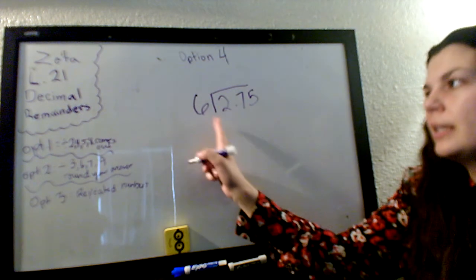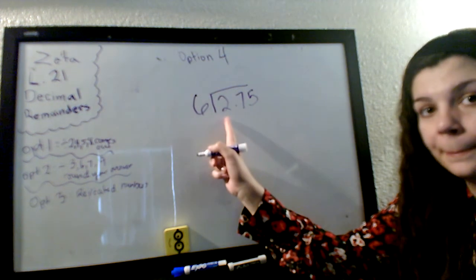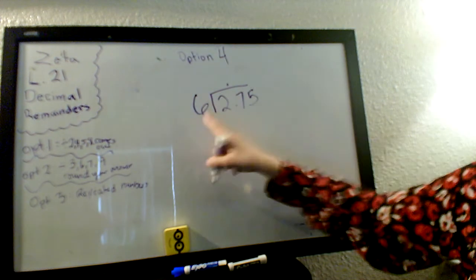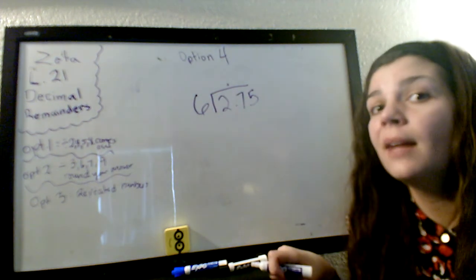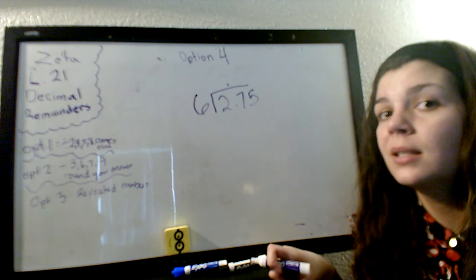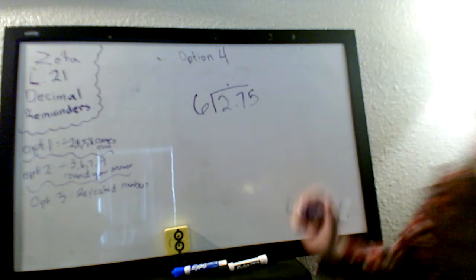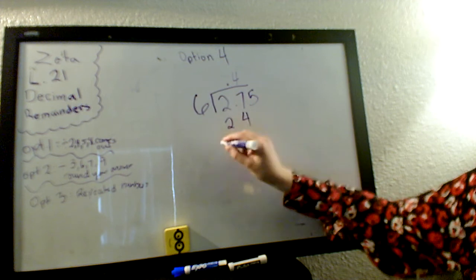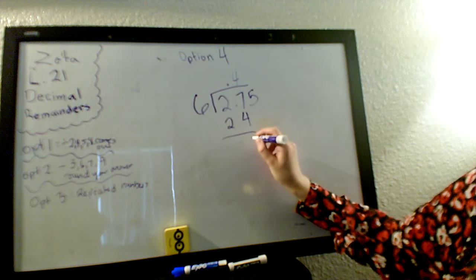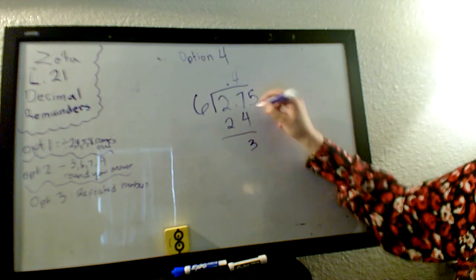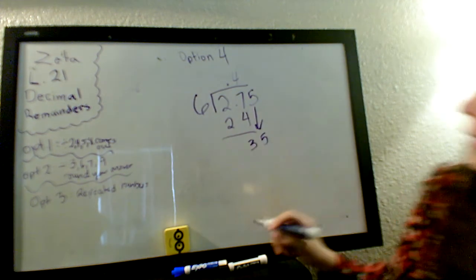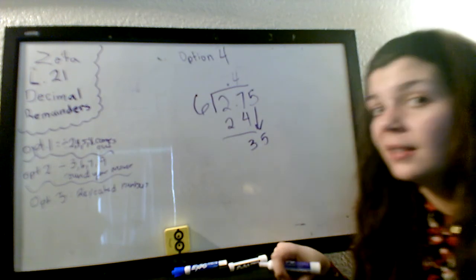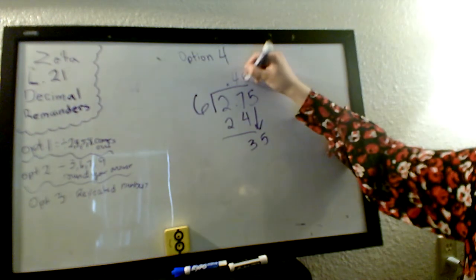How many 6s go into 2? 0. Here's my point. Shoot up. How many 6s go into 27? 6 times 4 is 24. Okay. Now I have a 3. Drop down my 5. How many 6s are in 35? 6 times 5 is 30.